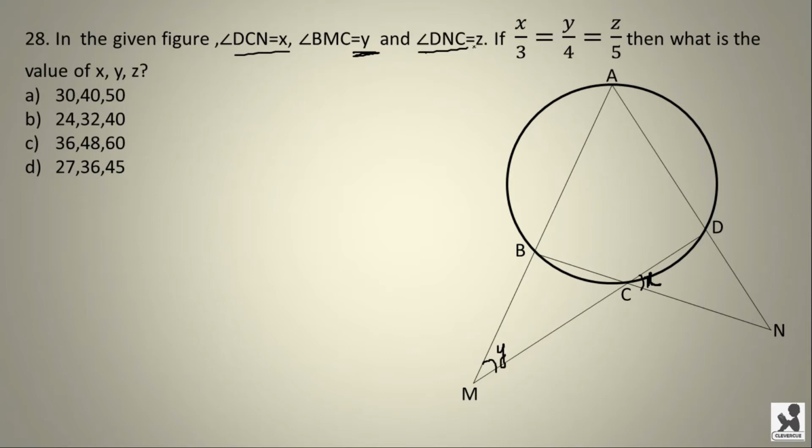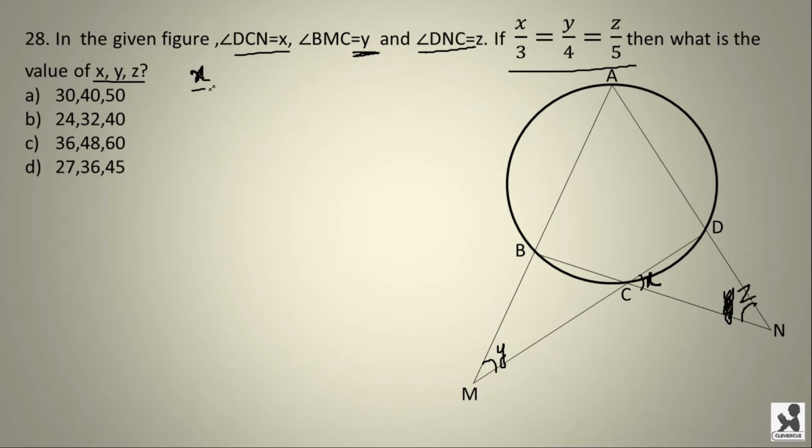And angle DNC is z. If x by 3 equals y by 4 equals z by 5, then what is the value of x, y, z?